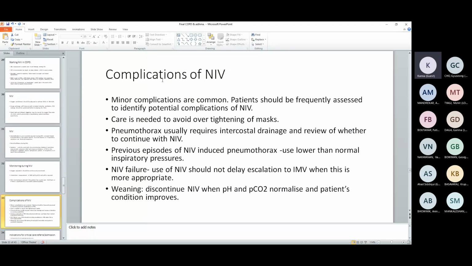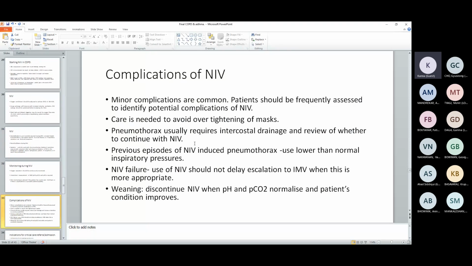There are minor complications that can occur with NIV. The serious complications are rare, but we should monitor frequently for possible complications. There is the possibility of over-tightening of the face mask, and that can cause pressure injuries on the face. And there's a possibility of pneumothorax, which, if it occurs, should be treated immediately.